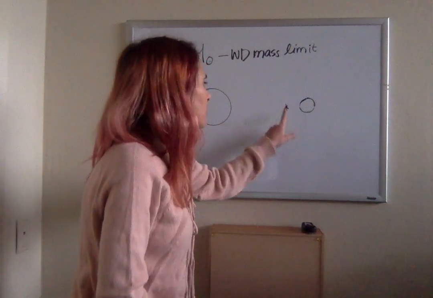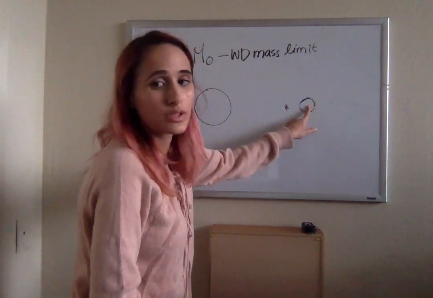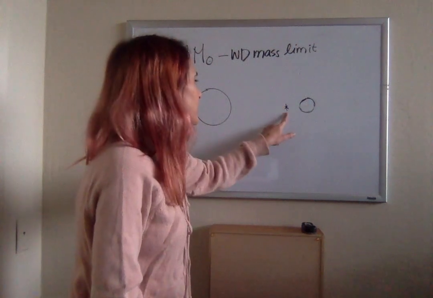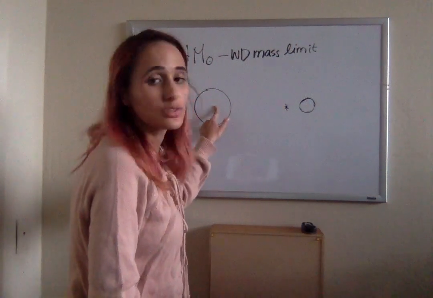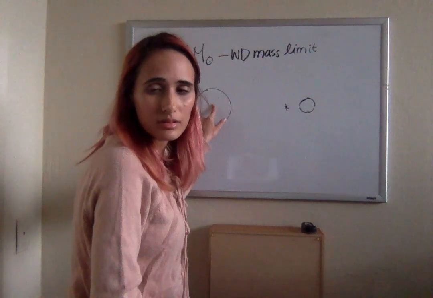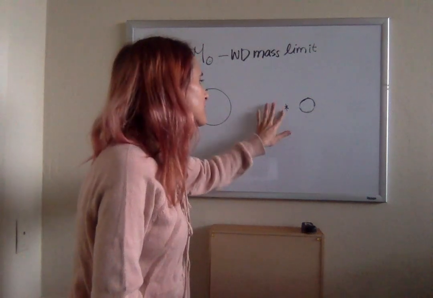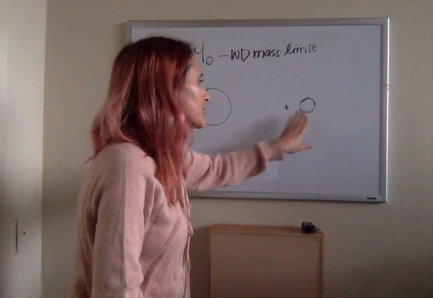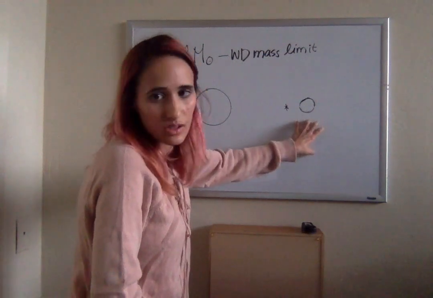So things on this side of the line are going to get pulled more towards this small one. Things on this side of the line are going to get pulled towards this large one. And this line is going to be closer to the less massive star.